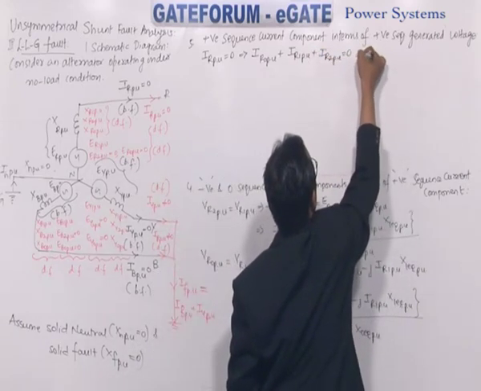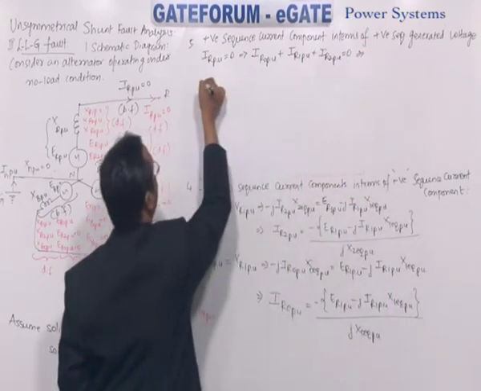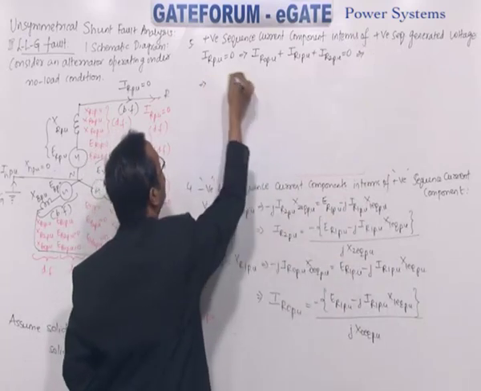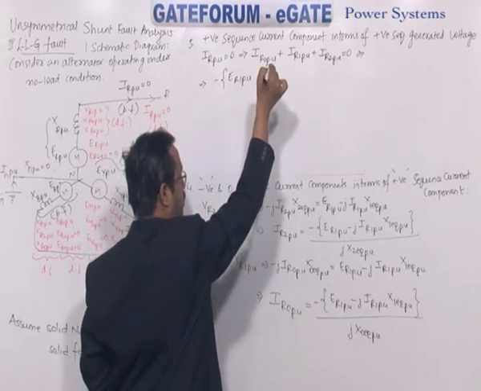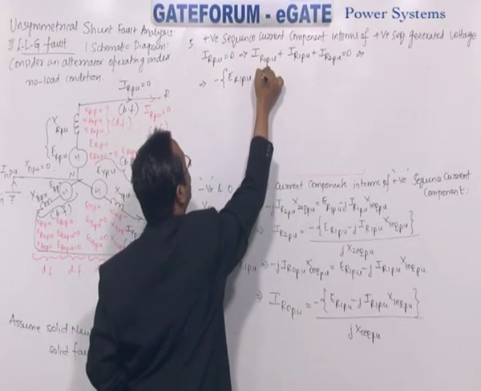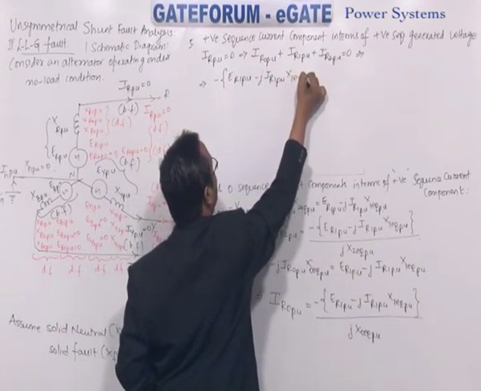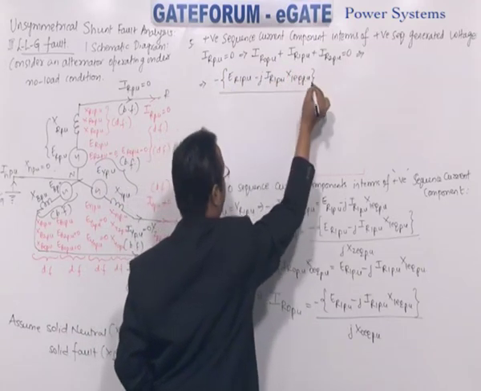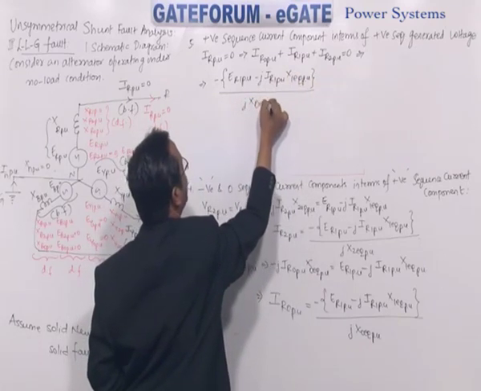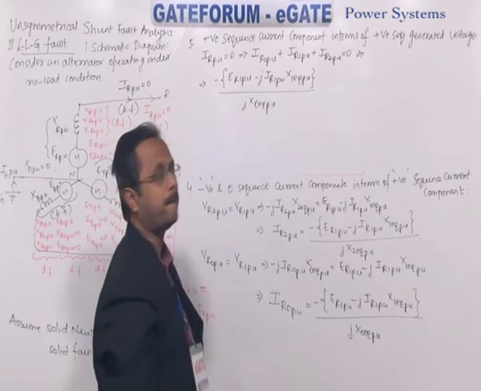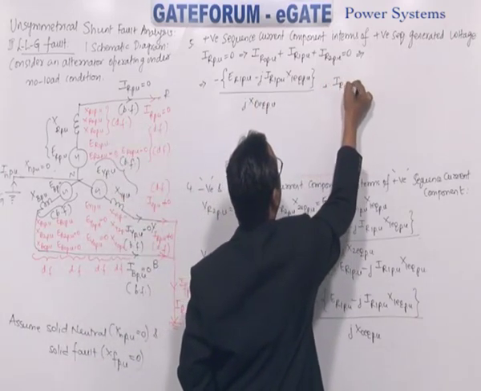So what about this IR0? You substitute this relation now. Instead of IR0: minus of ER1 minus J IR1 X1 equivalent, all divided by JX0 equivalent per unit, plus IR1 as it is we write.